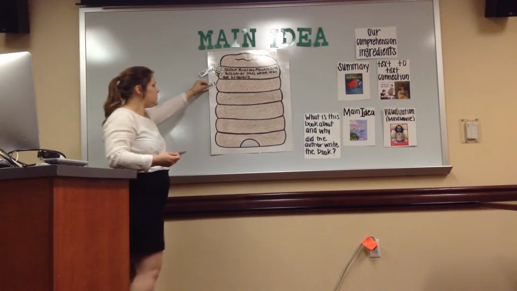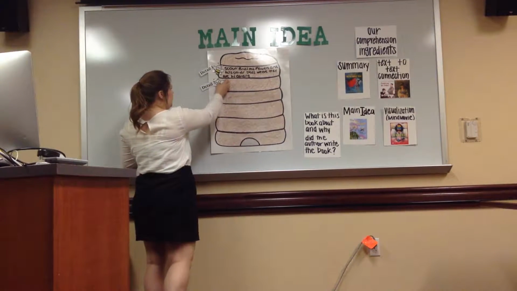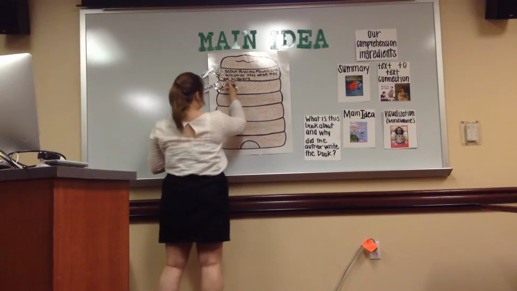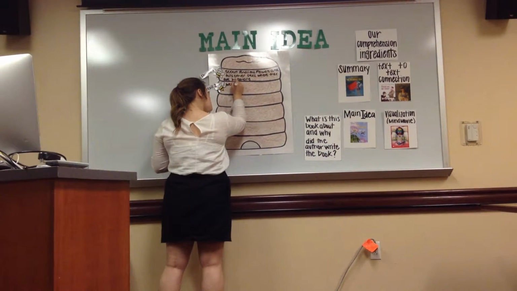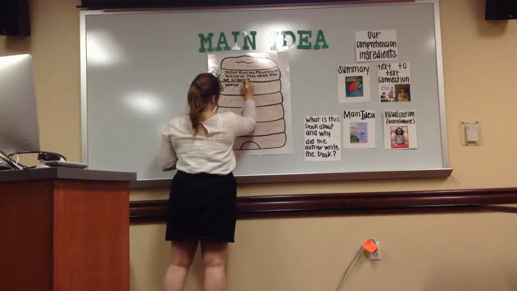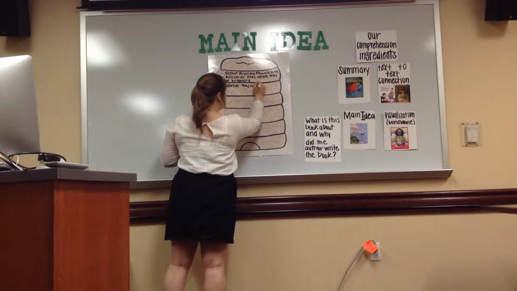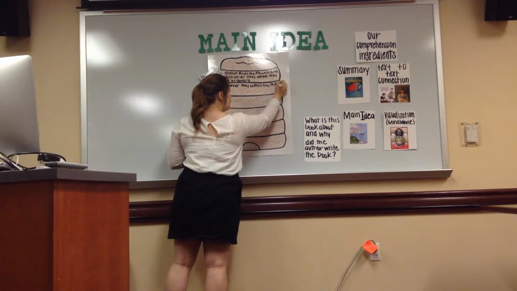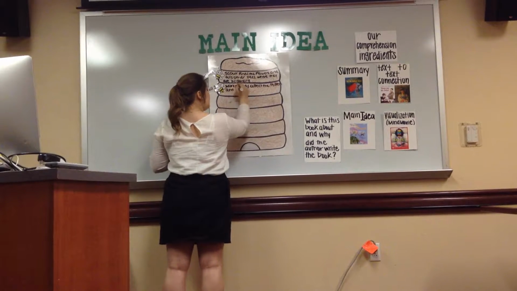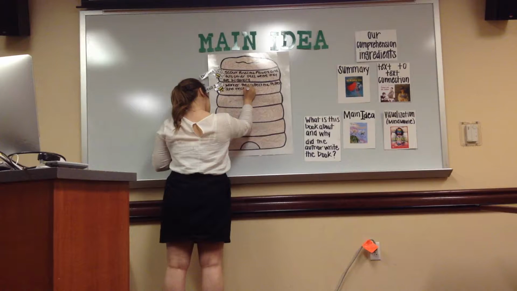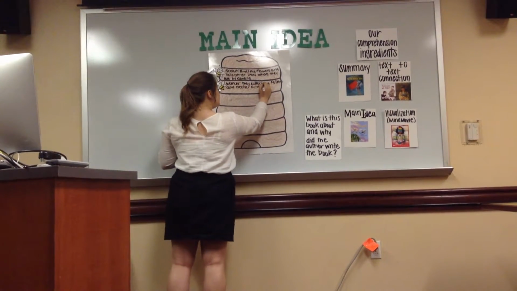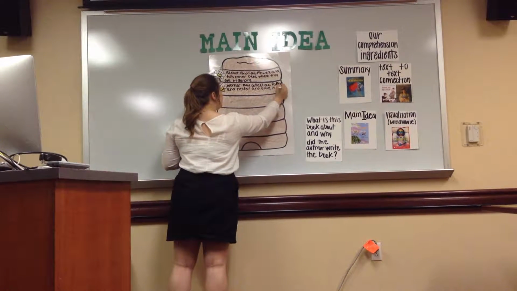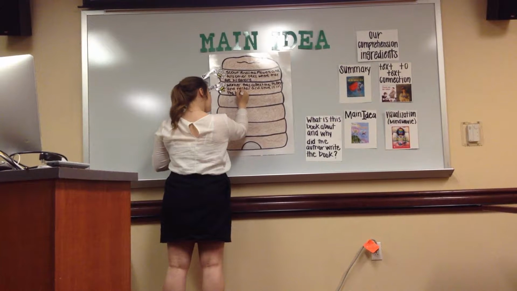So we're going to put detail 2 in our honeybee, and we're going to say that worker bees collect the pollen and nectar, and then we read how they store the pollen and the nectar in the honeycombs.